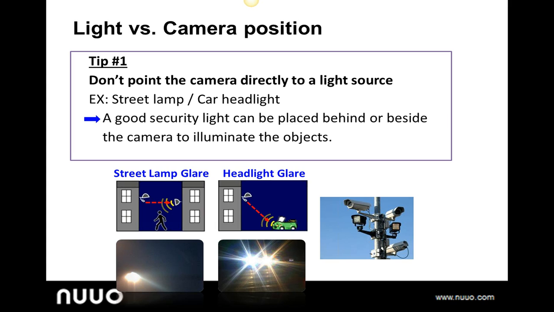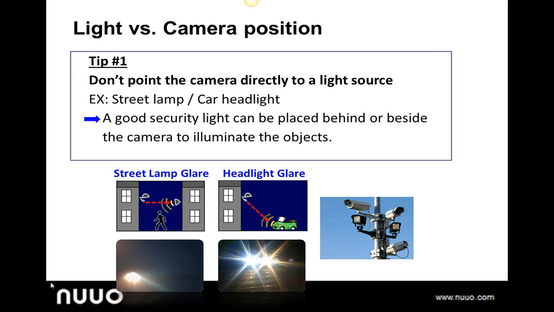Another thing is that when using external light sources, like street lamps or flood lights, your camera may point right toward the light, which may cause light pollution in your image.